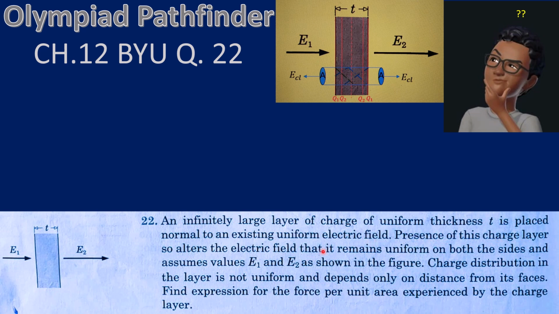Presence of this charge layer so alters the electric field that it remains uniform on both the sides and assumes value E1 and E2 as shown in the figure. Charge distribution in the layer is not uniform and depends only on distance from its faces. Find expression for the force per unit area experienced by the charge layer.